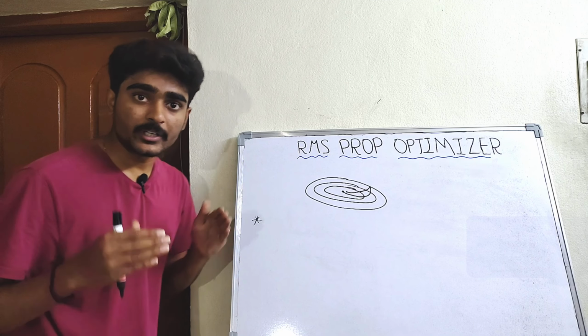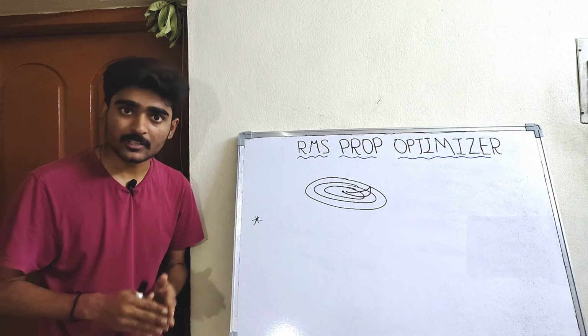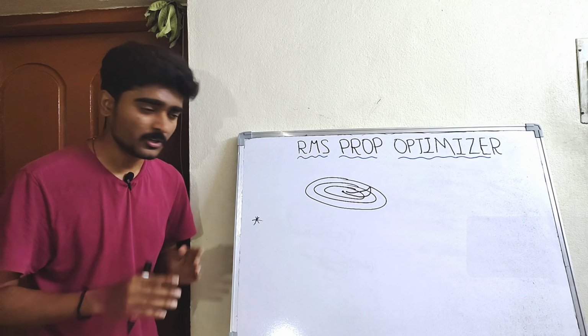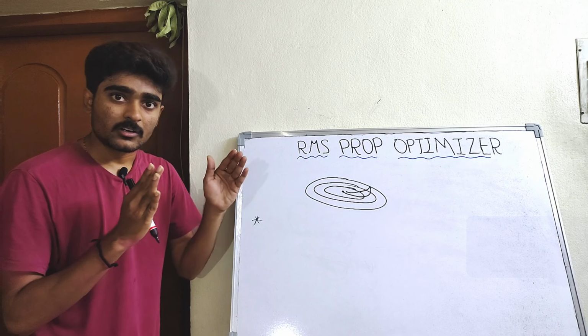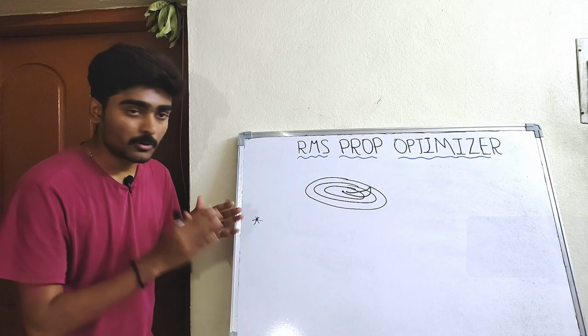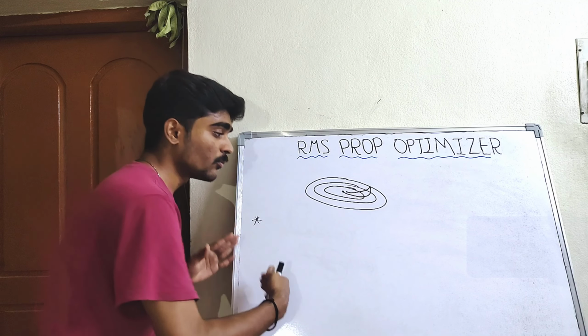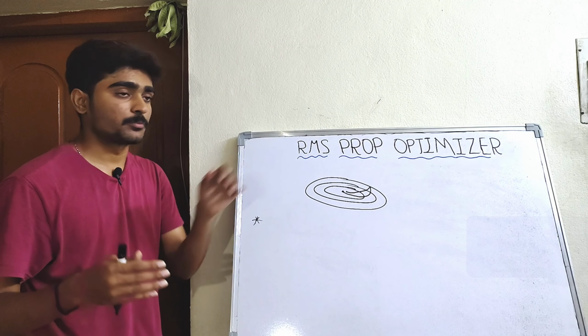We won't go deep into the AdaGrad optimizer mathematics as we have already seen it in the previous video. We'll just write down the formula and decode each part of it, and then we'll see what is additionally added in the RMSProp optimizer.